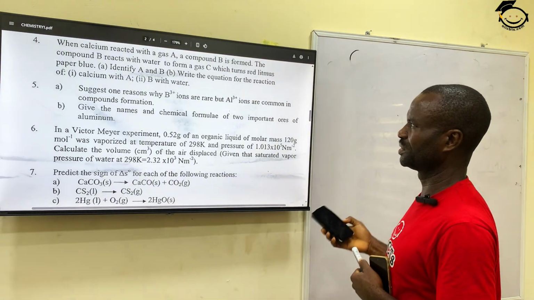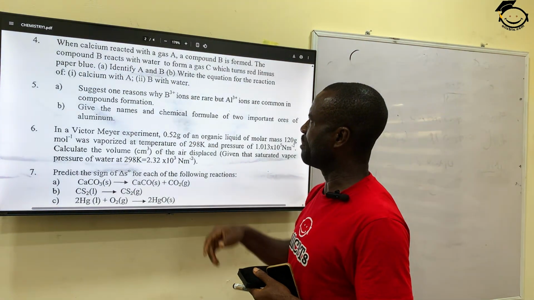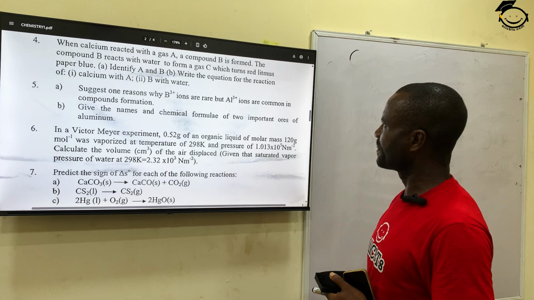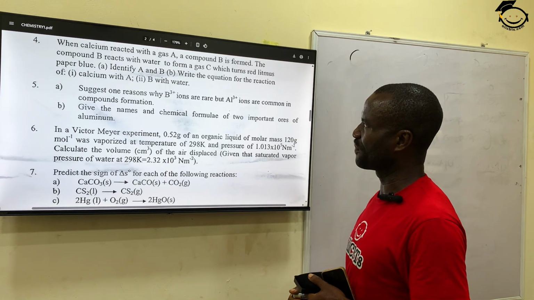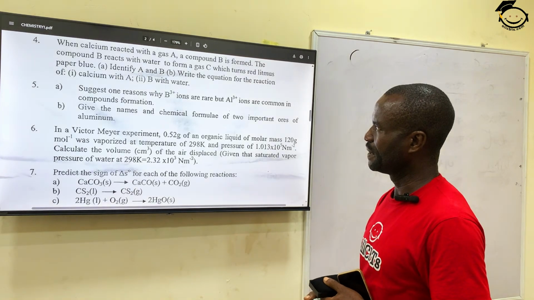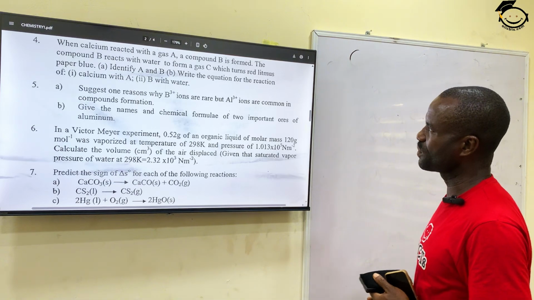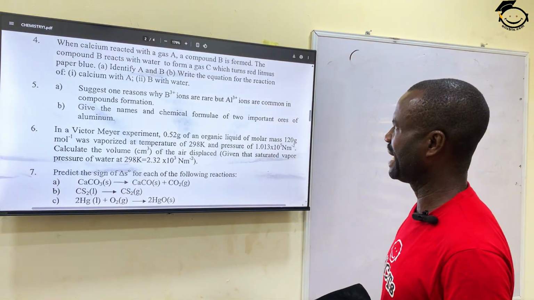Identify A and B. Write the equation for the reaction of calcium with A, then B with water.